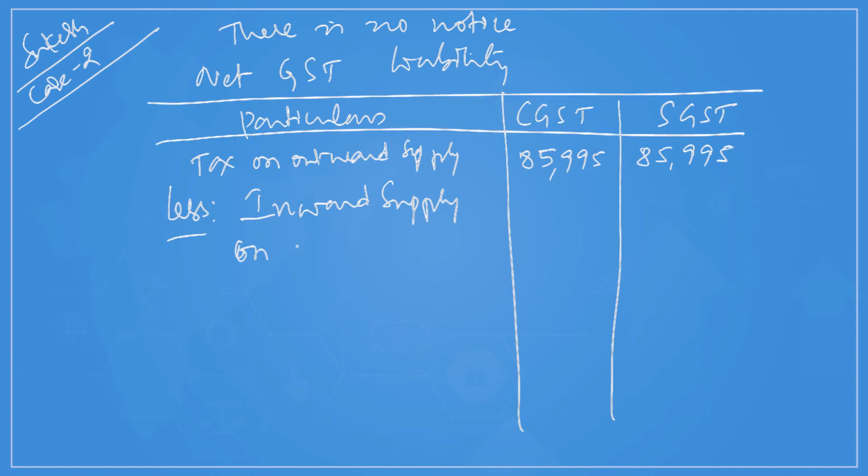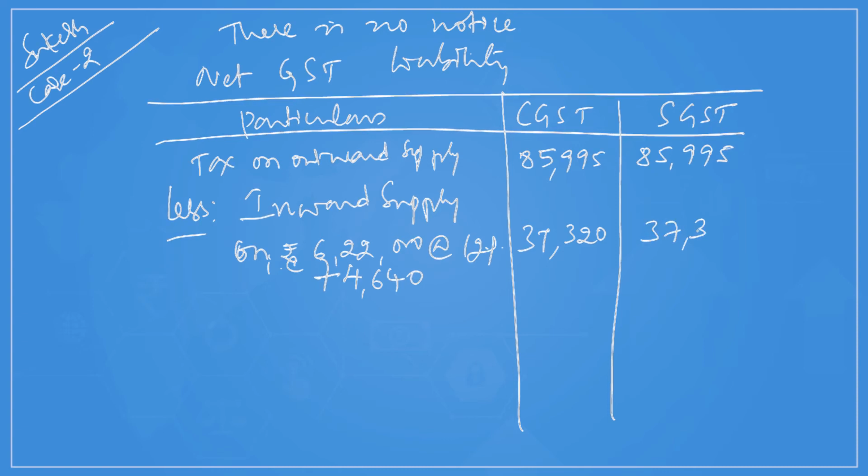Inward supply is rupees 6,22,000 at the rate of 12%, that is rupees 74,640. For CGST it will come around 37,320. For SGST also it will come around 37,320.